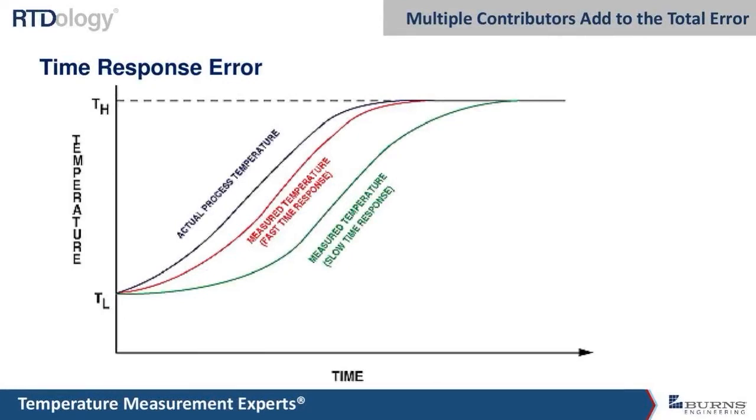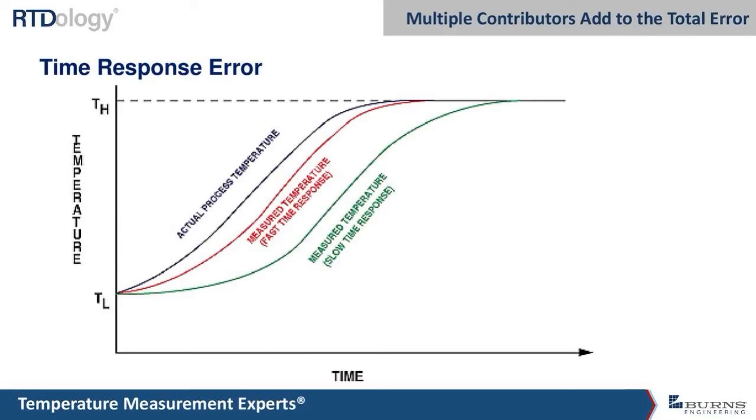Time response can be another pretty significant error. When we have a process that's changing temperature rapidly and you need to keep track of that, or measure that so that your controller puts in the right amount of heat or cooling, the temperature probe needs to be able to respond quickly to those temperature changes so that your controller doesn't get all goofed up.